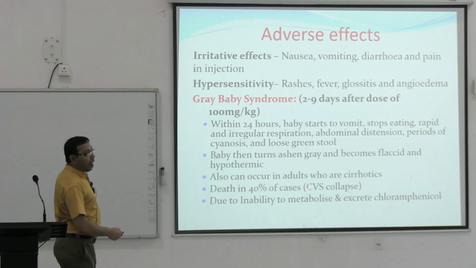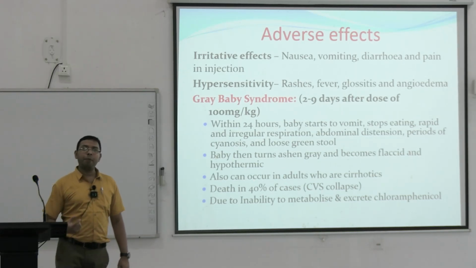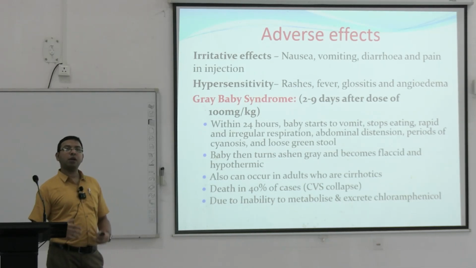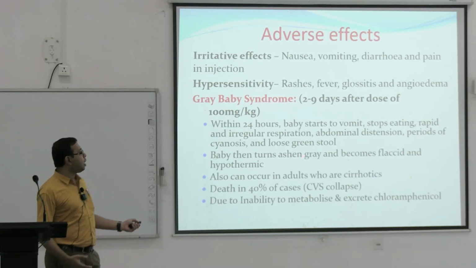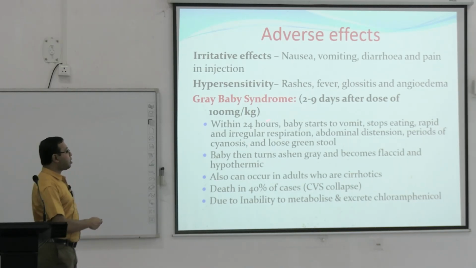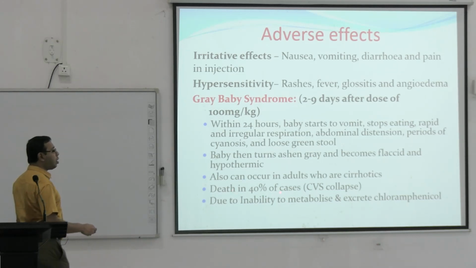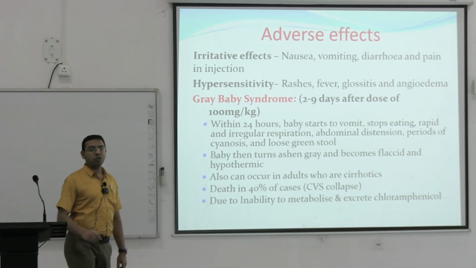Since there is cyanosis, it looks like a grayish color, that's why gray baby syndrome. It also occurs in cirrhotic patients, where there is already a hepatic component. In those patients also there is grayish discoloration, abdominal distension, vomiting, all this can happen, but particularly it can happen in babies. In 40% of cases, the mortality rate is quite high.